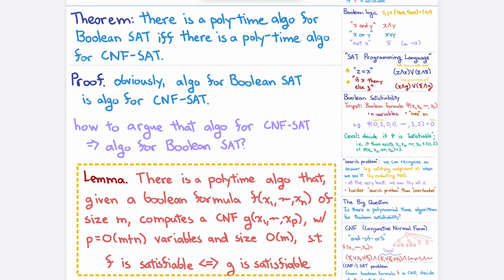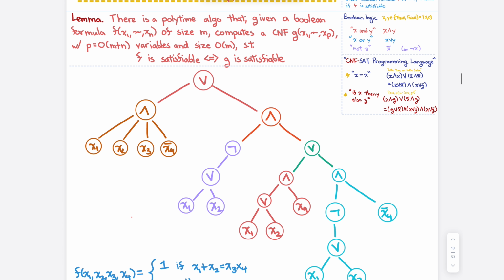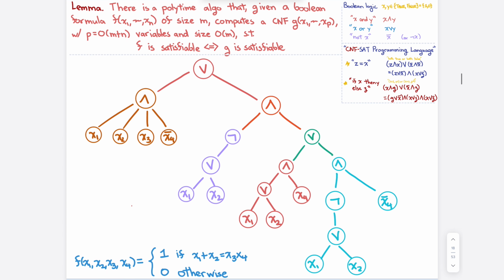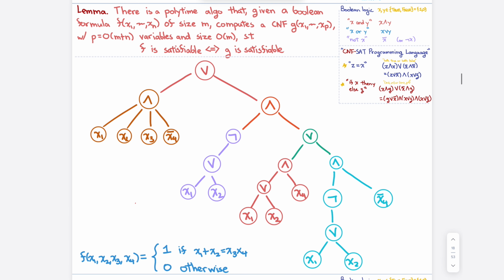So, all right, this all comes back to the suggestion from a few minutes ago. I have a formula like this. This is that example of x1, x2, x3, x4, or the addition example, I think. And I want to turn it into a CNF. This one's a little more complicated than the other one, so it's hard to just eyeball it. But the first suggestion is the most natural one.